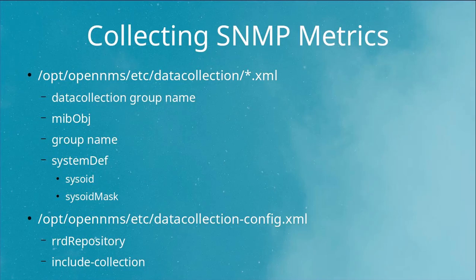At the top of each data collection XML file, there is a group name which references all the system defs in that file. datacollection-config.xml references those group names for inclusion in metric collection.